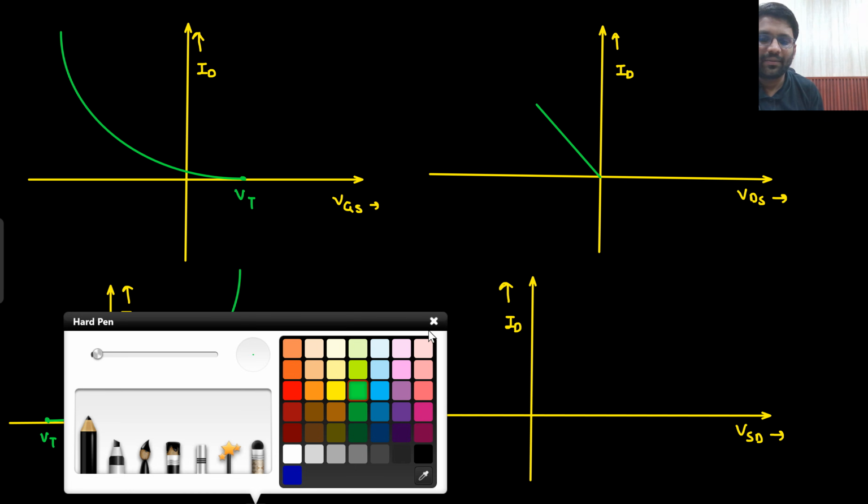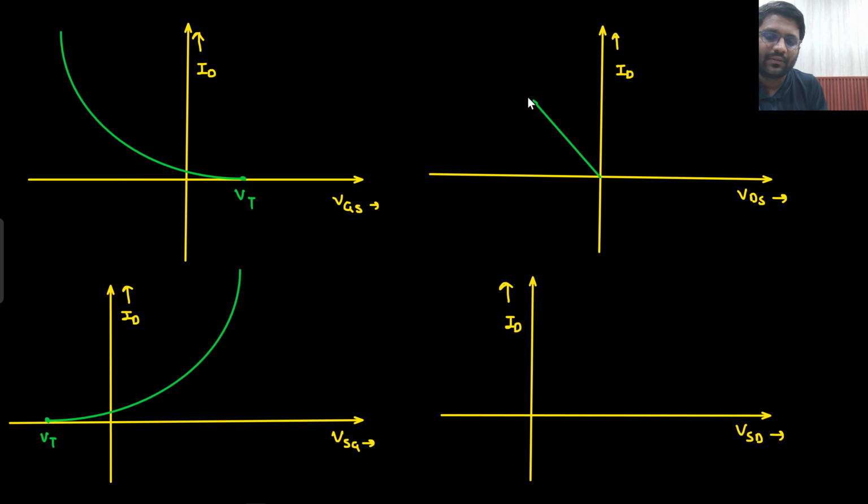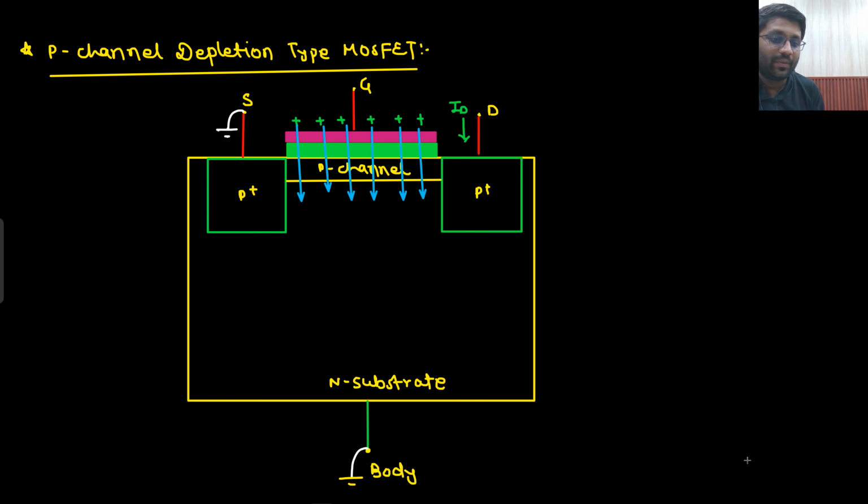Let's not spend much time here because it will not be asked. Characteristics may be asked, then you will be able to draw. Right? Because here drain would be at negative potential. Why is drain at negative potential? Because you want the electric field to be in this direction. If I want the electric field to be in this direction, this has to be negative. So drain has to be negative.